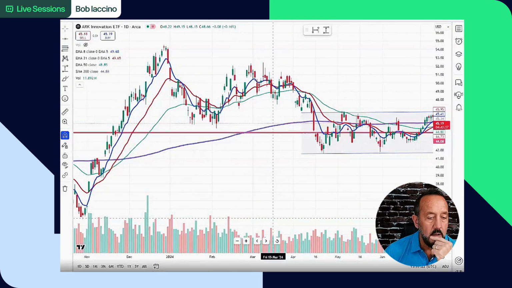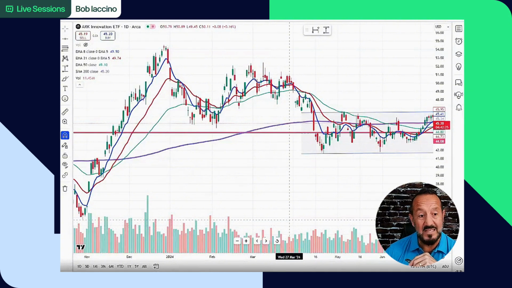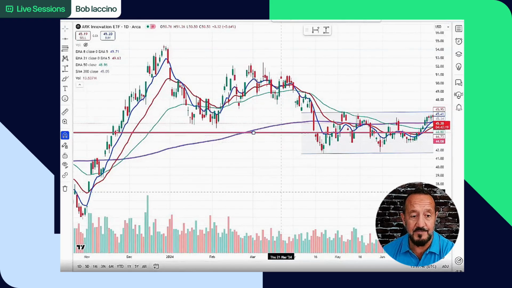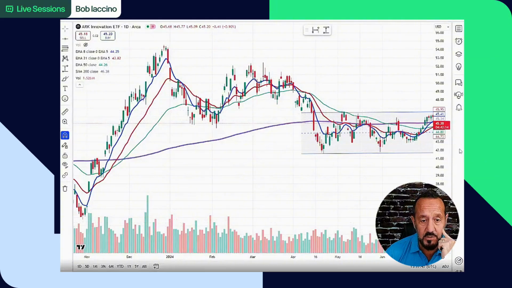When you get a channel breakout, they have a high probability of going 50% of the width of the whole channel. That's a measured move target, based on research. Now I'm going to show you something I do to make it easy for me when I'm doing my measurements. If I'm going to measure this channel, the top of this channel is about 46.50, and the bottom is about 41.58.